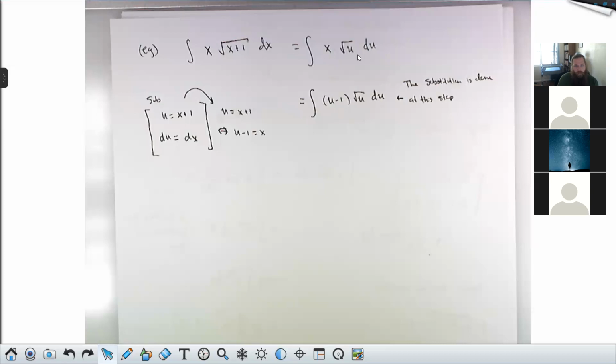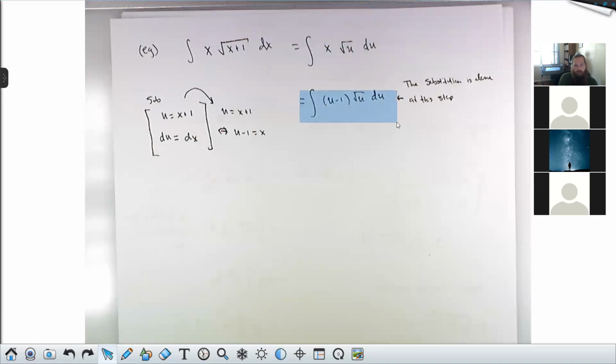And more importantly, you have a mixture of x's here. This du at the end, people think of it as telling you the variable with respect to which you are integrating. I can't integrate x du. We don't know how to make sense of that. And I certainly can't integrate x times the square root of u du. That just doesn't make sense.